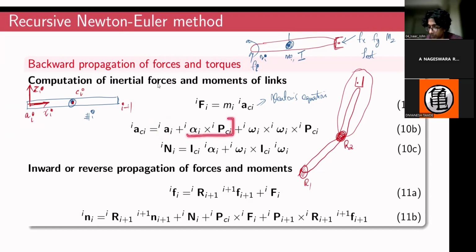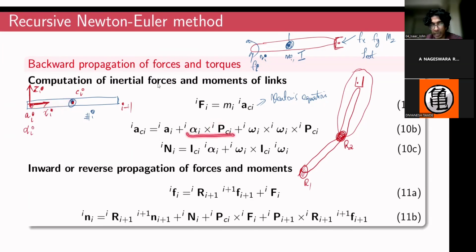Then we have a tangential component, which is alpha i, the angular acceleration, cross producted with this distance from i to Ci, denoted by this vector iPCi.